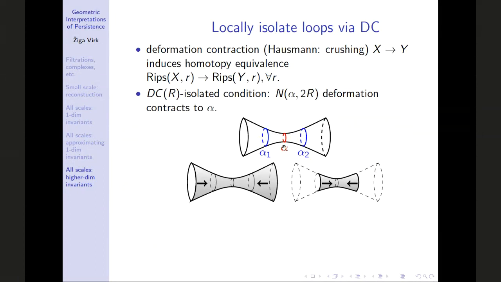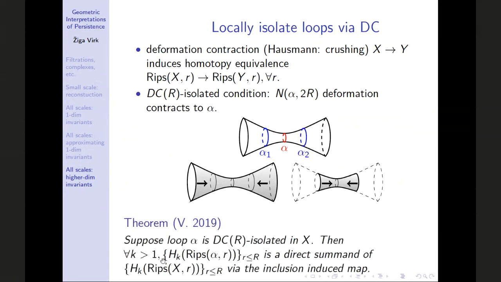I mean, the essential condition is that you can have a deformation contraction of the whole neighborhood onto your loop. Then you can throw this into Vietoris long exact sequence. You need to do some more technicalities. And you can prove that the persistent homology of this subspace of yours is a direct summand of the whole persistent homology.